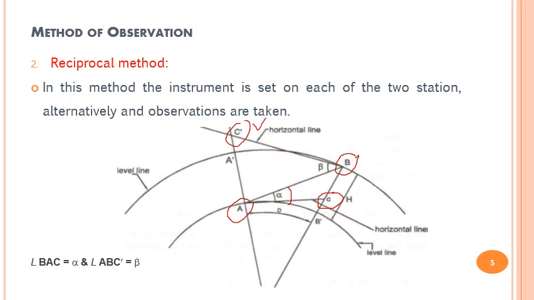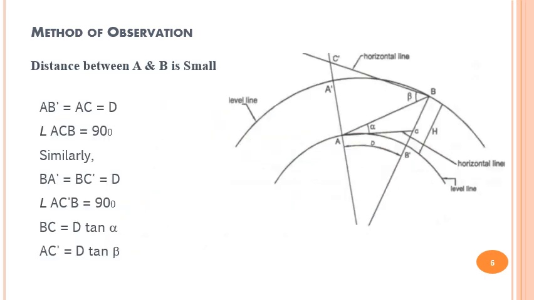This is the angle alpha and angle beta, and this line is referred to as the level line, and this line is referred to as the horizontal line. The distance between A and B is small. This line is referred to as the horizontal line, and this line is also called the horizontal line.